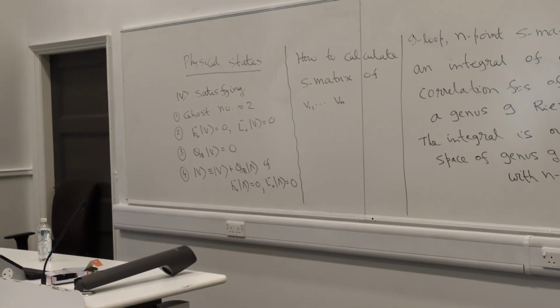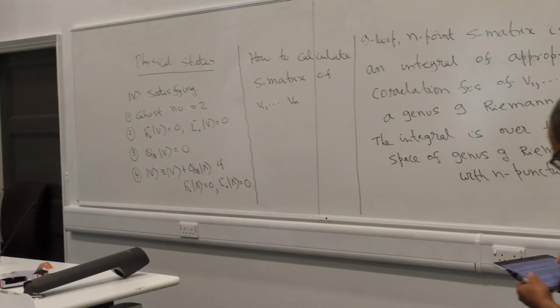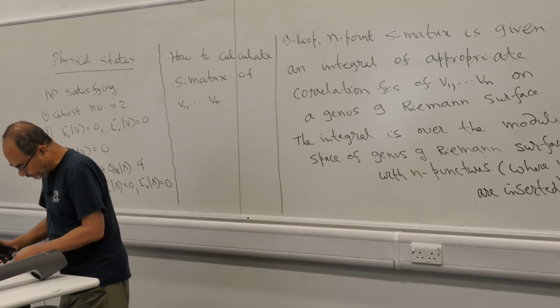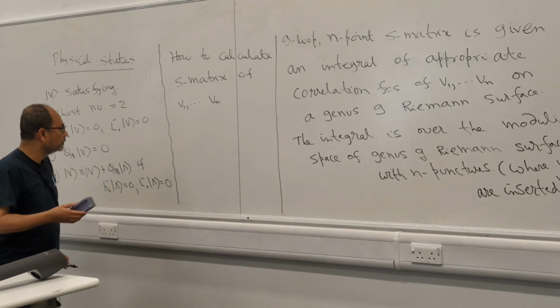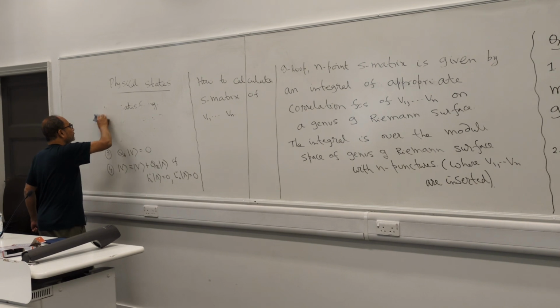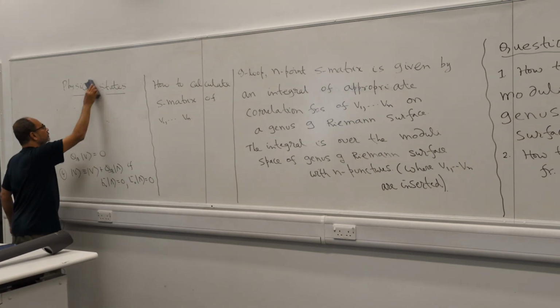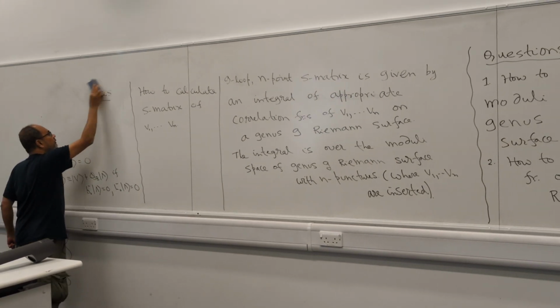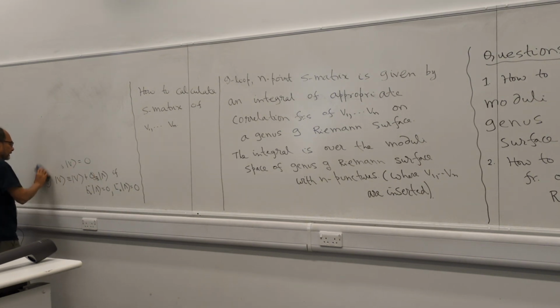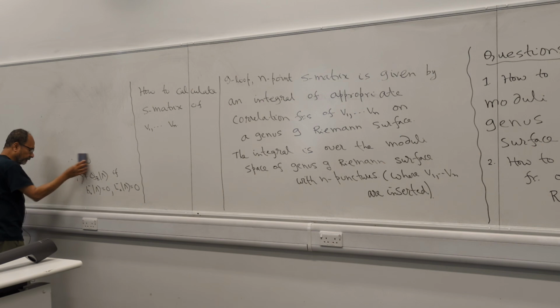So I'll begin by describing the moduli space of genus G Riemann surface with n punctures. Okay, and punctures are some fixed points on the Riemann surface.